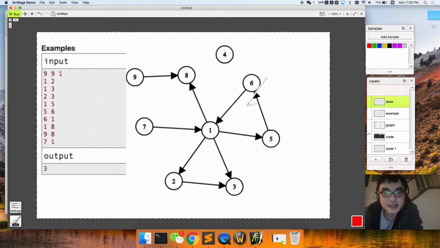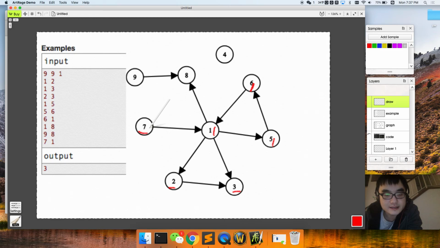So let's say we already find several SCCs, and we use a number to index the SCCs. Let's say this guy is SCC1, right? And this guy is SCC2. This guy is SCC3.